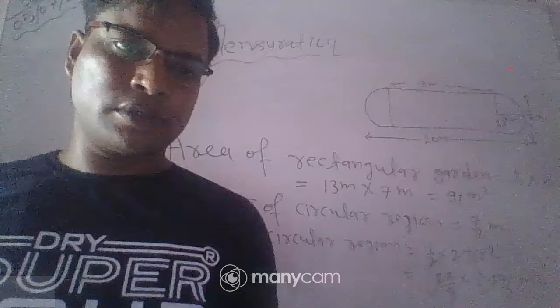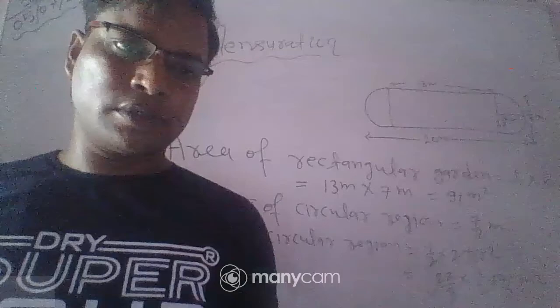Area of the garden is equal to area of the rectangular region plus area of the circular region.